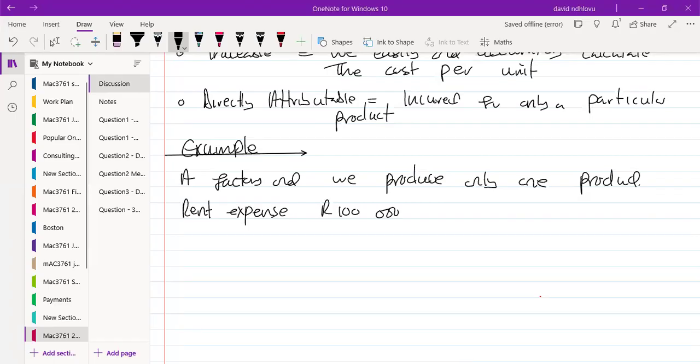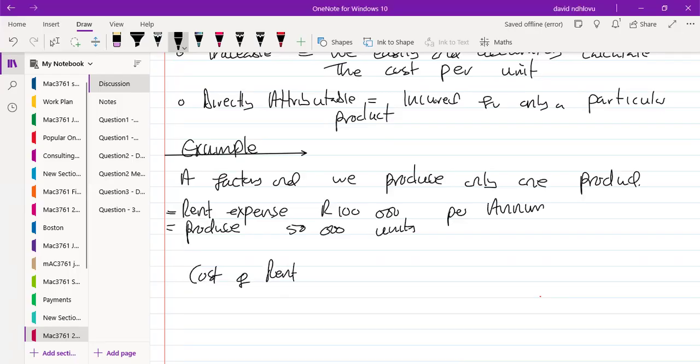We have a factory and we produce only one product. Our rent expense is 100,000 per annum. That's our rent for the year. If we then produce 50,000 units, when we now want to cost and determine the cost of rent per each unit produced, that should be the easiest thing.